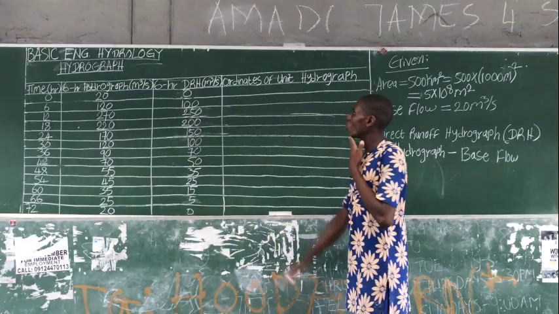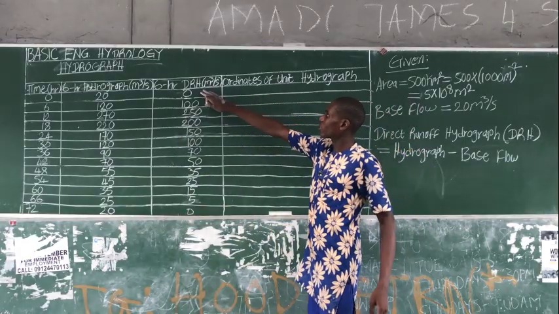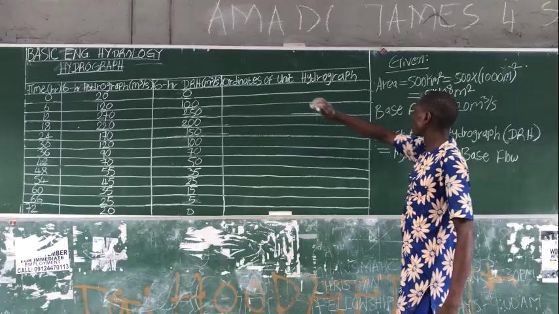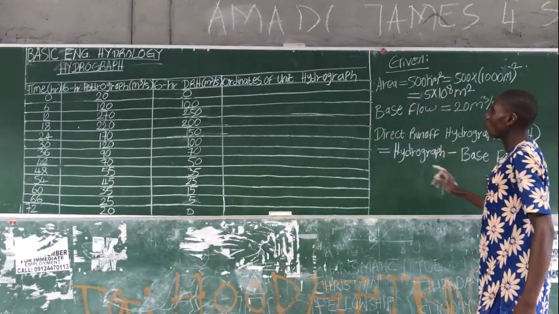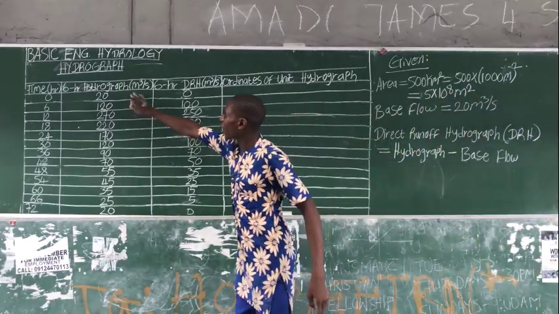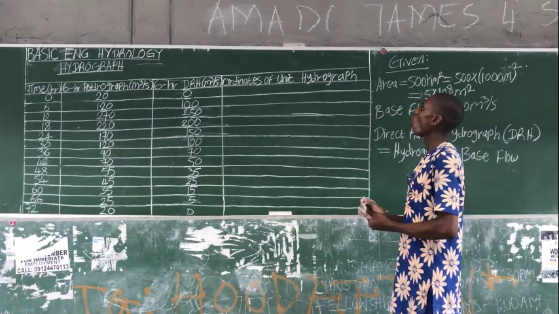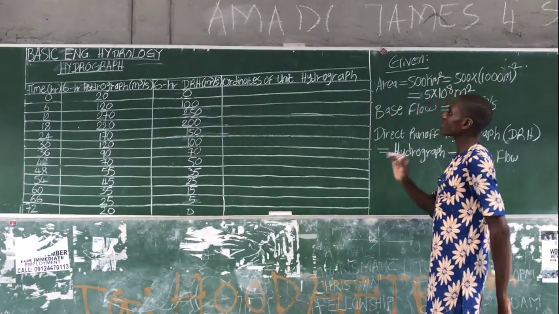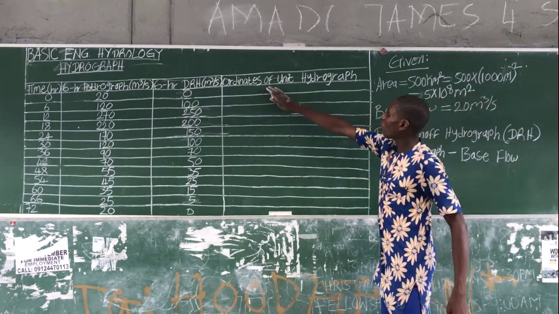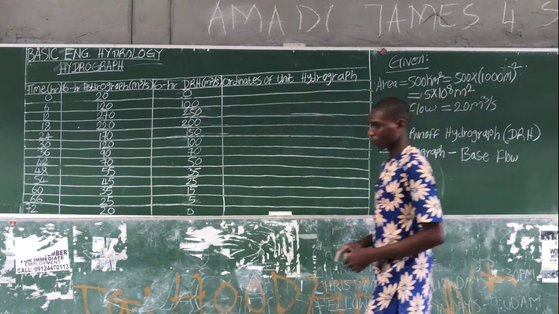Okay, so we have gotten the values of our 6-hour direct runoff hydrograph, which is simply removing the base flow from each of the values of the 6-hour hydrograph. So what's the next thing to do? The question says we should get our ordinate of unit hydrograph. So the next thing to get is the ordinate of our unit hydrograph.